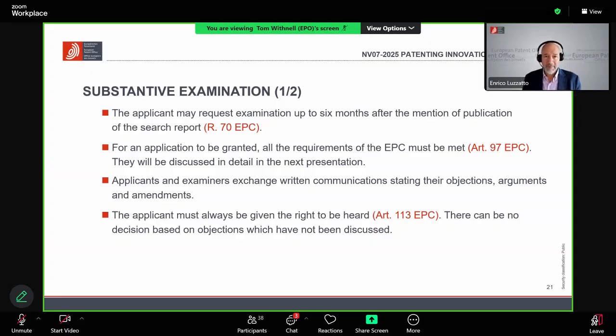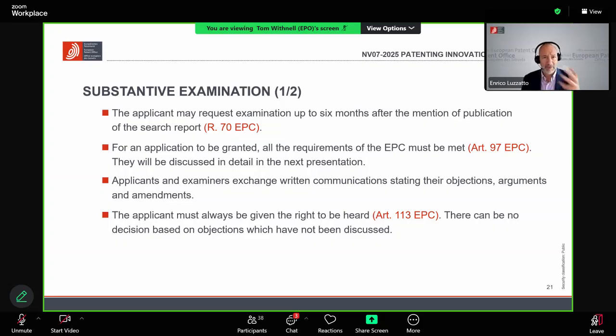Importantly, at the EPO, we cannot issue a decision going against the applicant unless the applicant has been informed of the reasons and has been given a chance to be heard. And applicants have an absolute right to request oral proceedings if a negative decision is contemplated. This is not always the case.